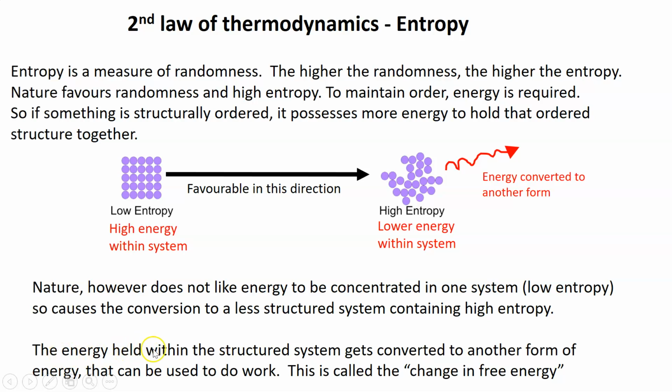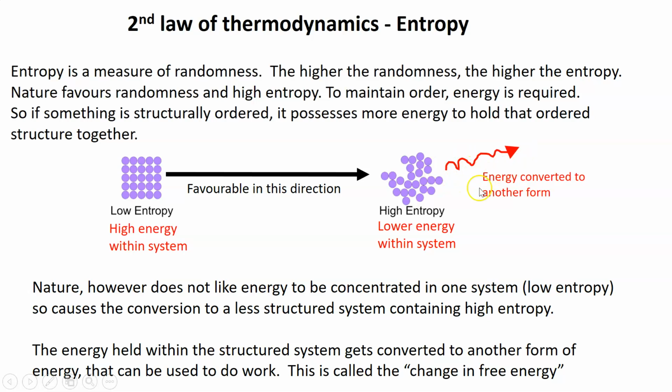So let's look at this free energy then. The energy held within the structured system gets converted to another form. Remember, energy cannot be created nor destroyed. It just goes from one form to another. So the energy locked away in here gets converted. This wiggly arrow illustrates the conversion to another type of energy. It could be heat.